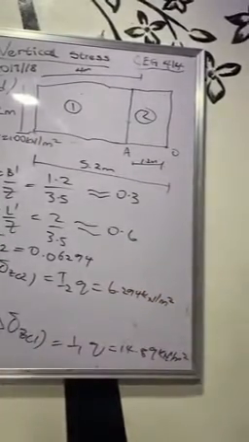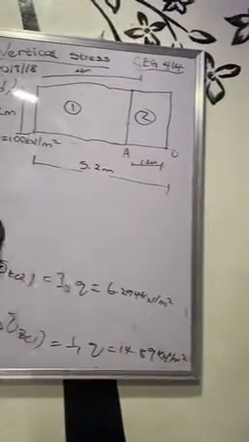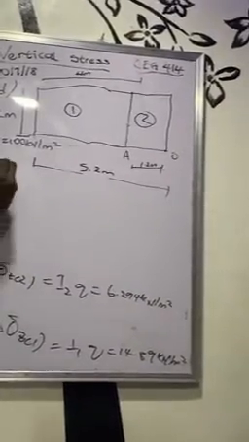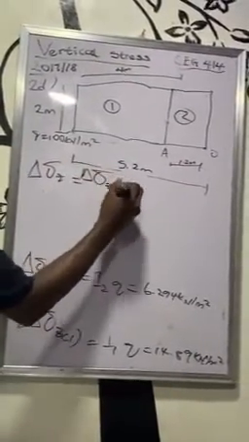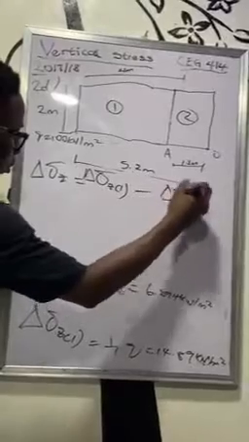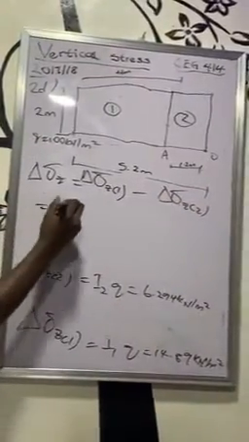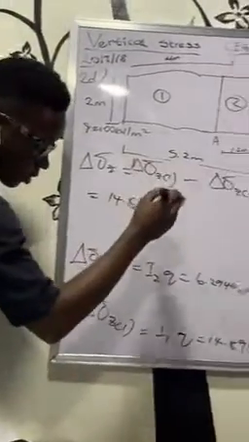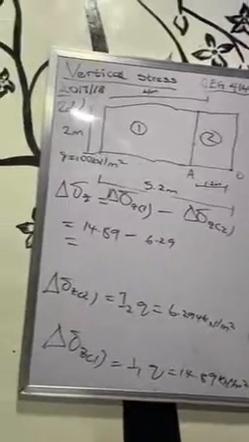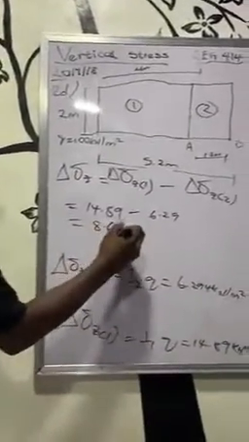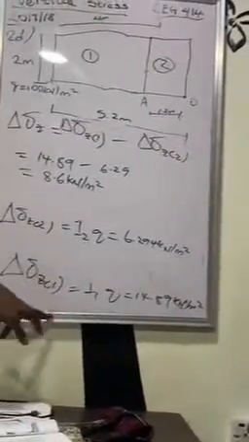Again, I said for where the point is outside the footing, your total change in vertical stress will be equal to the change in vertical stress of the full rectangle minus the change in vertical stress of the smaller rectangle inside. So when you do this, you have 14.89 minus 6.29. I have something like 8.6 kilonewton per meter square. You're just subtracting this from this.